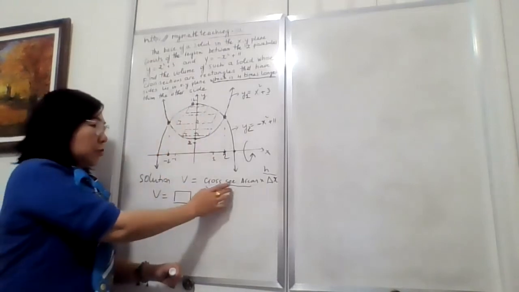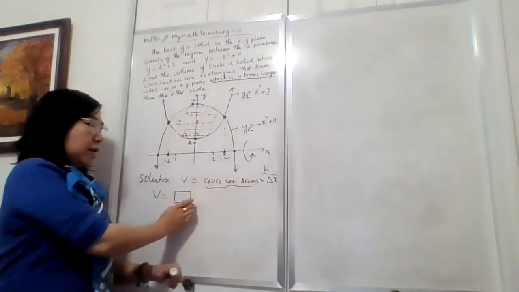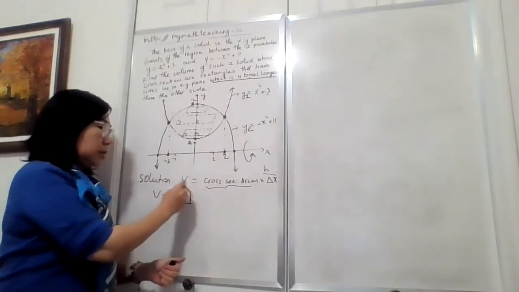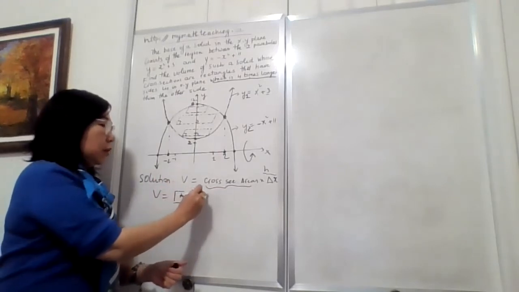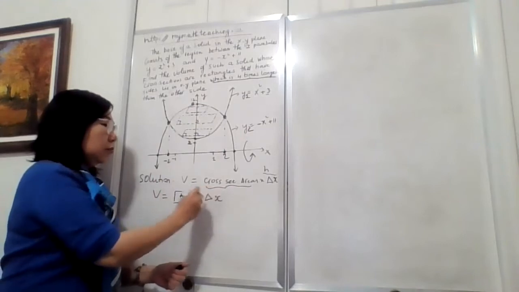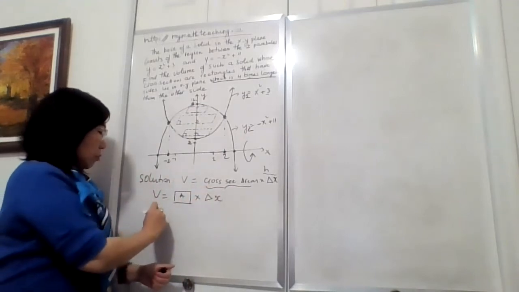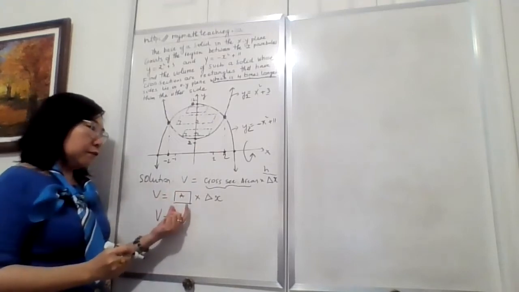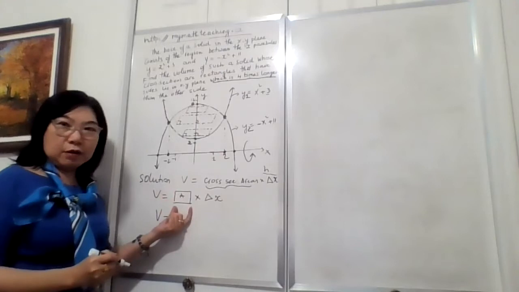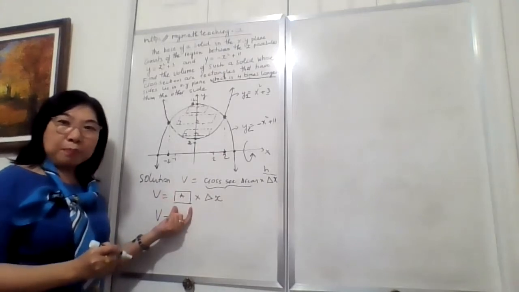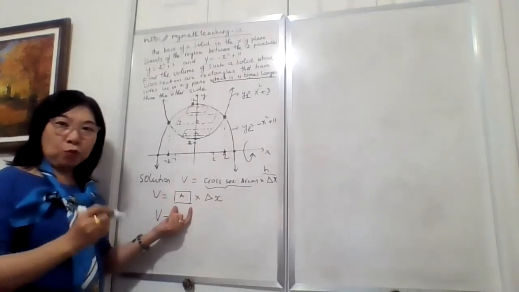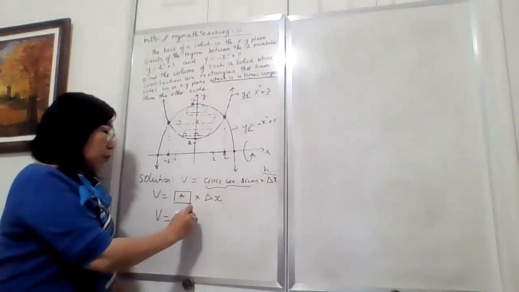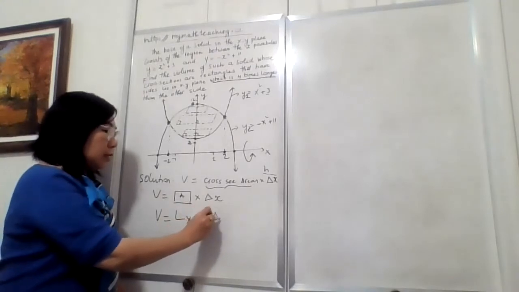So I'm going to substitute the cross-sectional area with the rectangle, times delta x. The formula for the area of a rectangle is not pi r squared, but length times width. So I'm going to say the volume is length times width, times delta x.